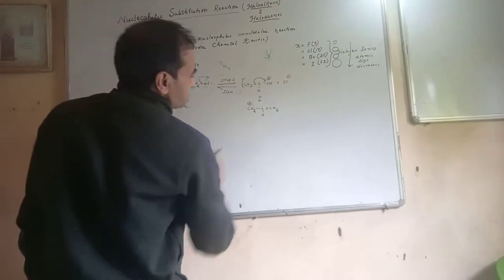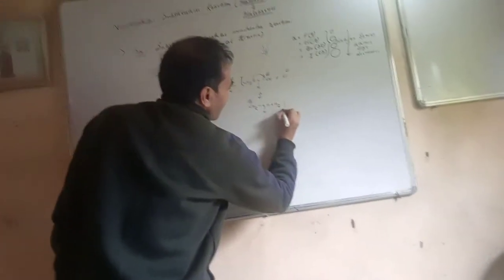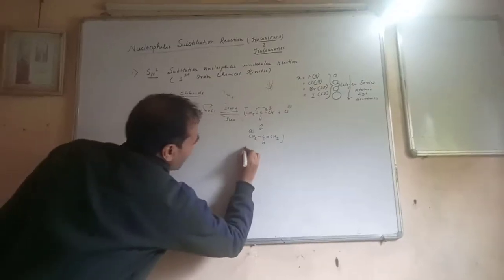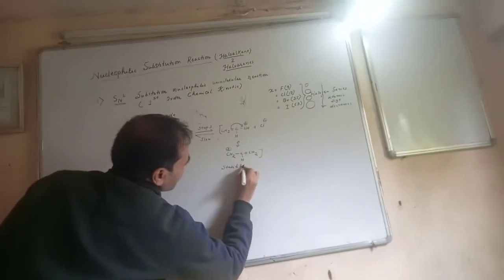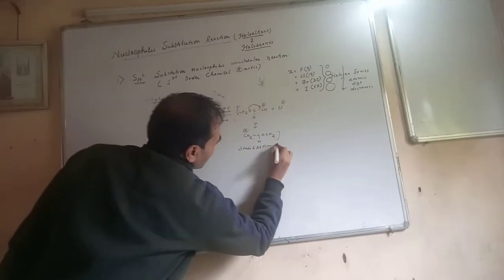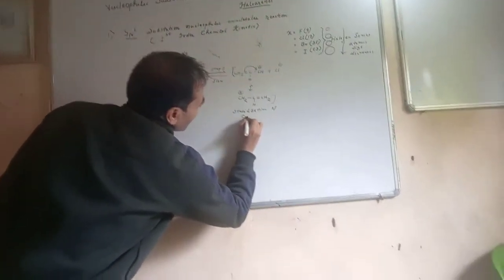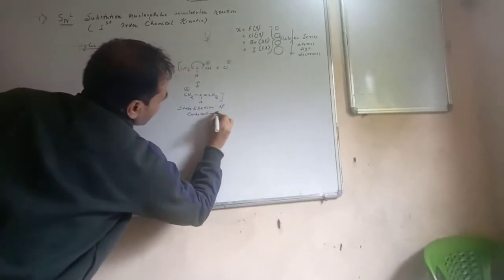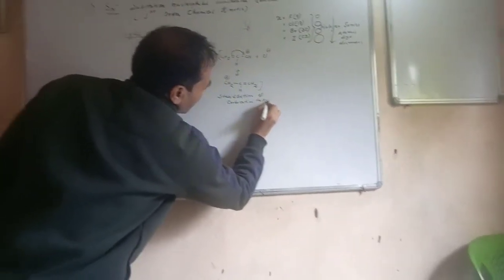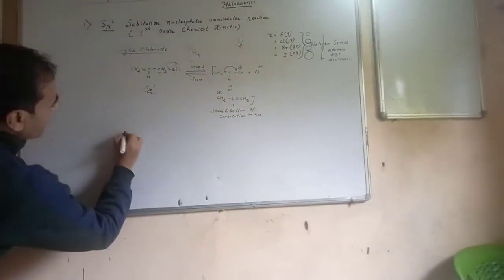Okay. So this is the resonance effect and how the stabilization of carbocation takes place. The more it undergoes resonance, the more stabilization.